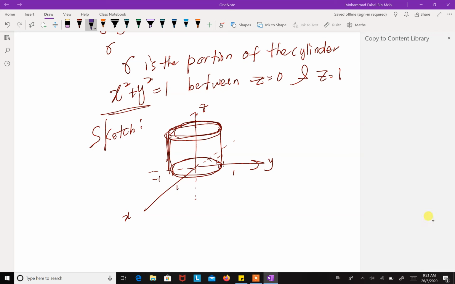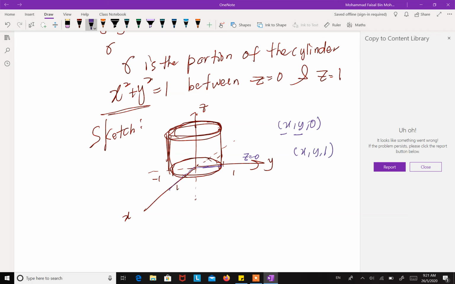So when z is 0, it is in the xy plane, x, y, 0. Z equals 0 means every x, every y, but z is 0. Z equals 1 means every x, every y, with z equals 1.